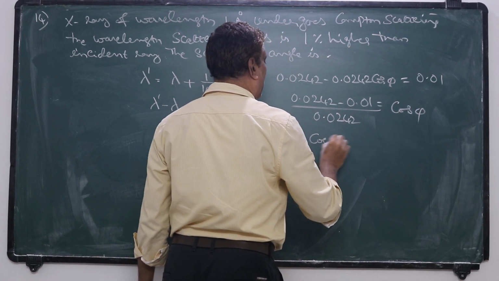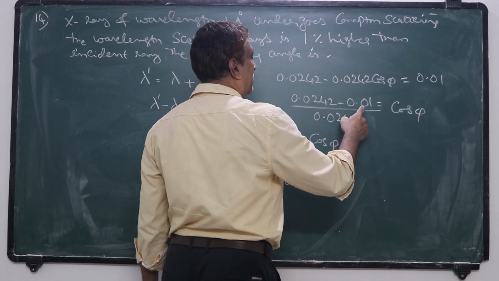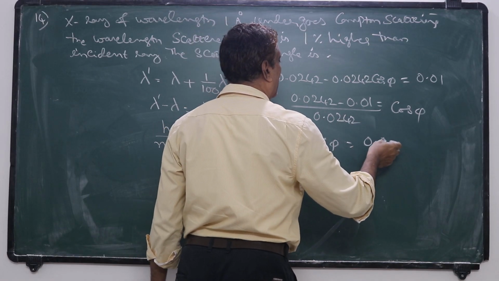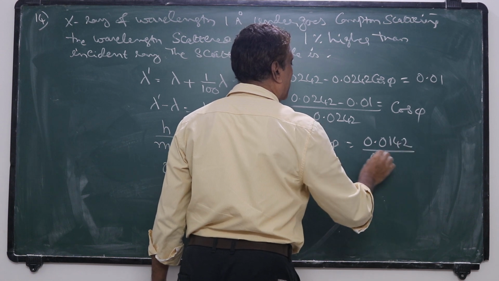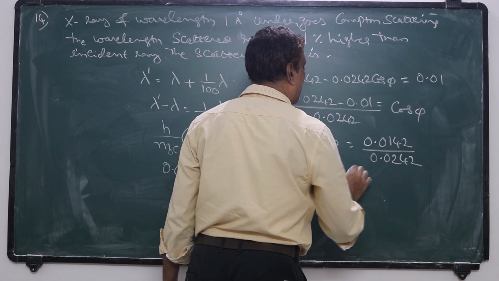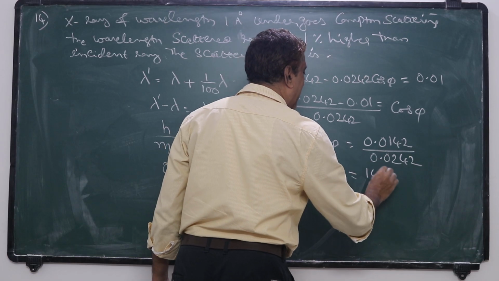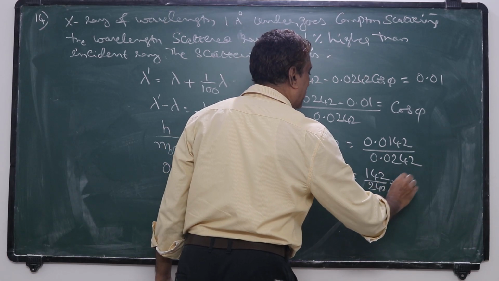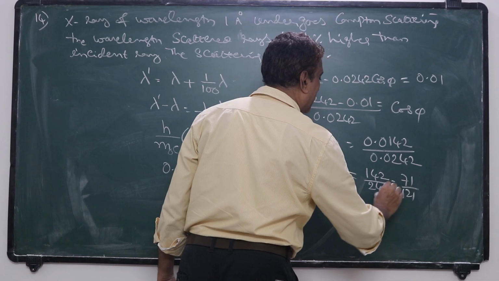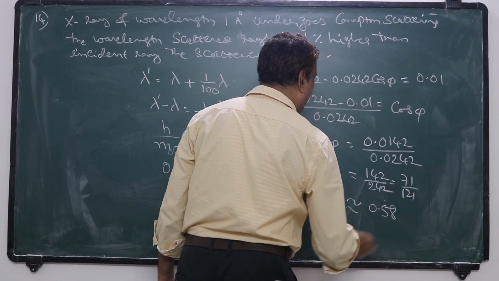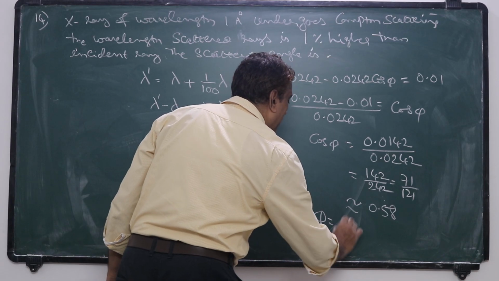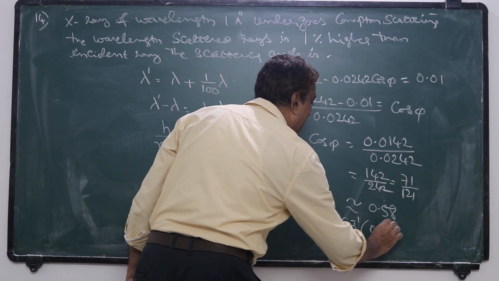Therefore cos phi is 0.0142 by 0.0242, or directly 142 by 242, that is 71 by 121, approximately 0.58. So phi is equal to cos inverse 0.58.